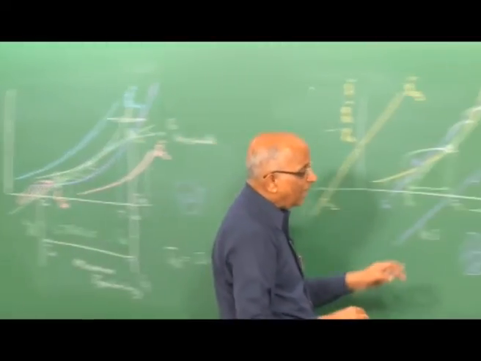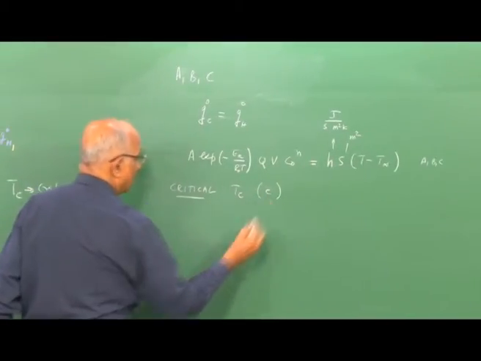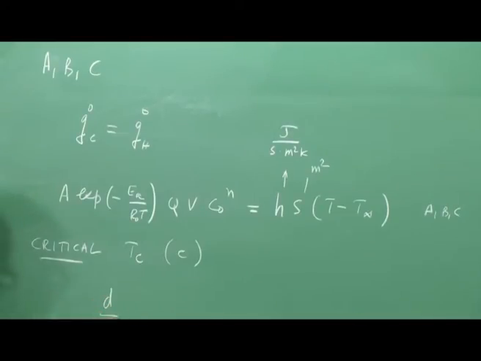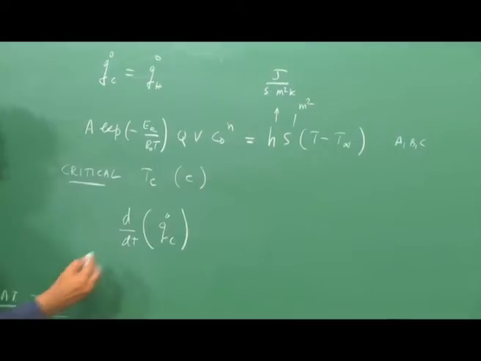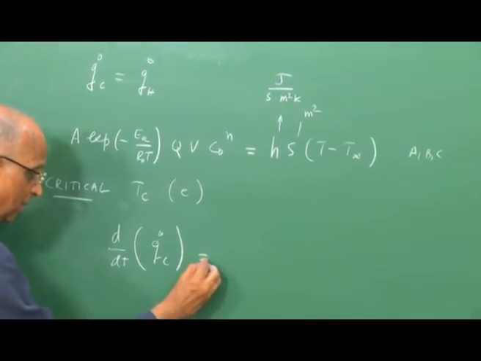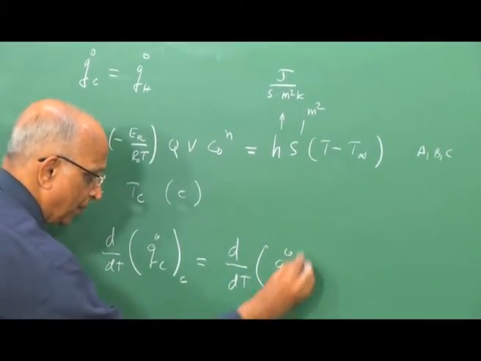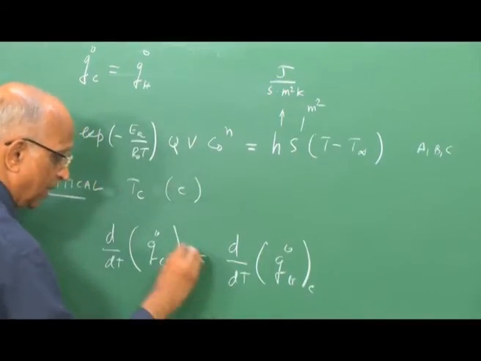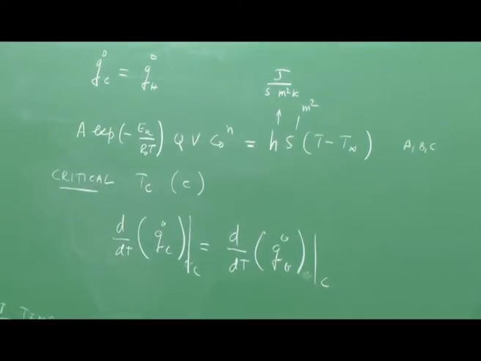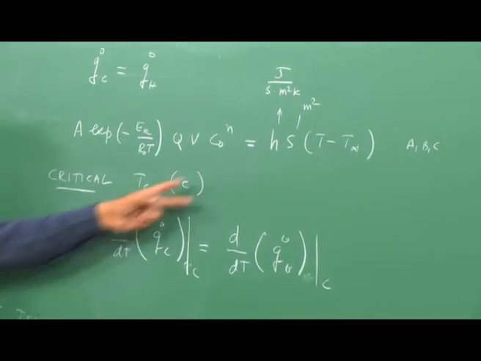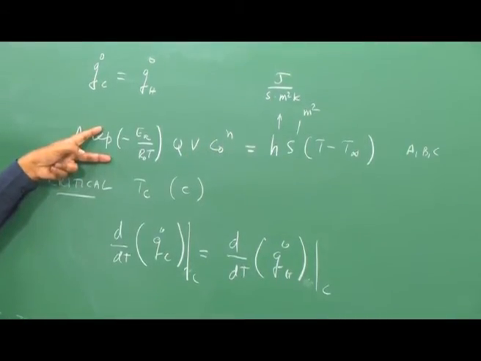At the critical condition corresponding to Tc, the point C, d by dT of Q̇C is equal to d by dT of Q̇H at the point C. All I have to do is differentiate with respect to temperature, and see what expression I get.